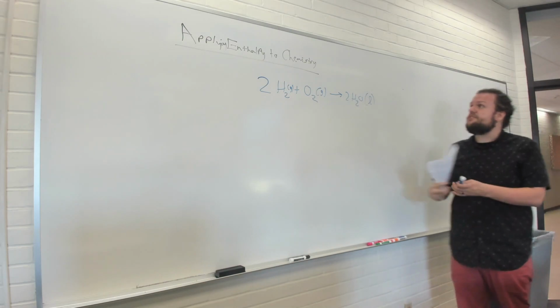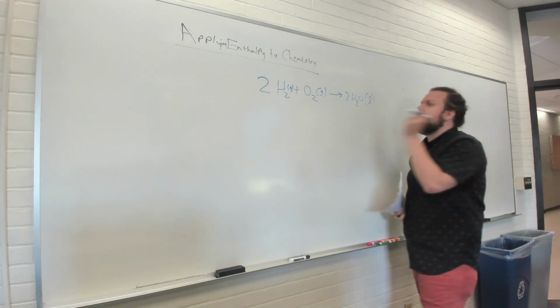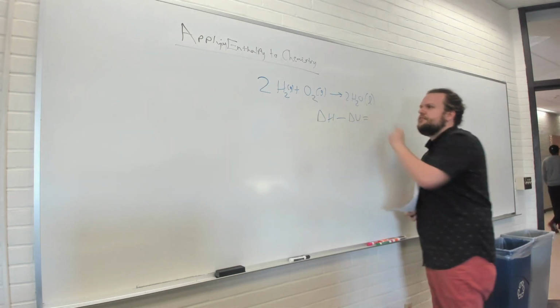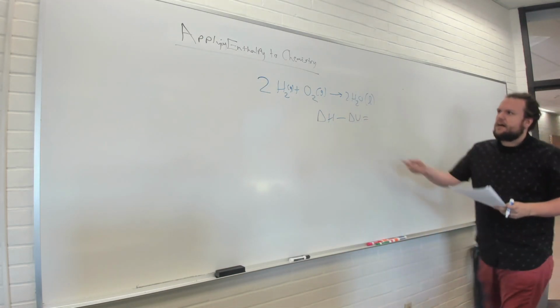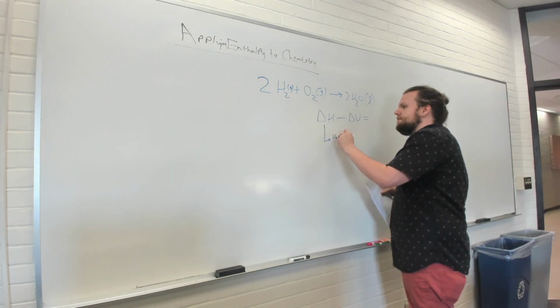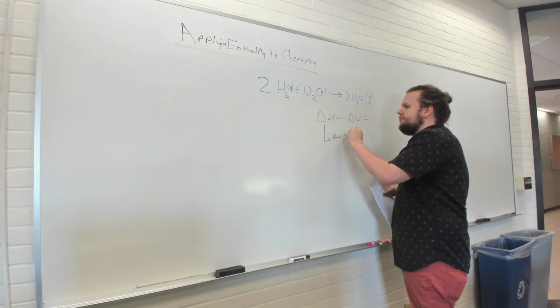And the question is, we originally calculated delta H. At the end of class, we calculated delta H minus delta U, the difference between, at constant pressure, the heat released. Enthalpy is the heat released or absorbed, the heat change at constant pressure.